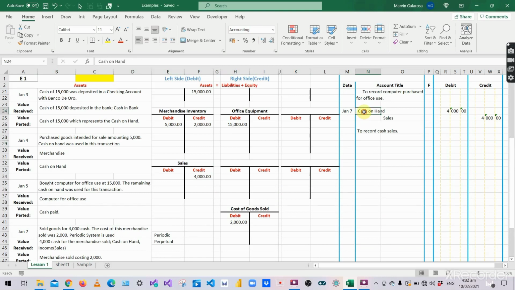So, aside from this entry, dadagdagan pa natin siya on January 7. Debit, cost of goods sold, amounting to 2,000. Credit yung merchandise inventory, 2,000.